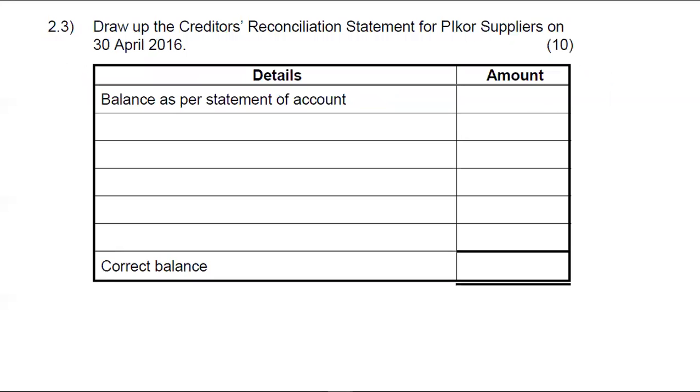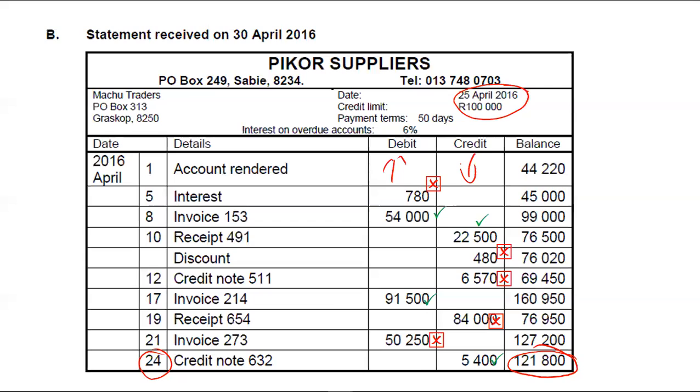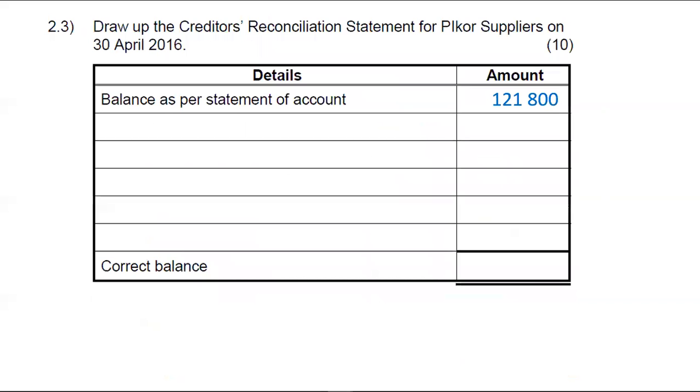We start with the balance that was reflected in the statement, which is 121,800. Is that correct? Yes, 121,800. And then I'm just gonna adjust it according to the mistakes that I realize. In this case, we're going to take invoice 273. We're going to subtract 30,000.